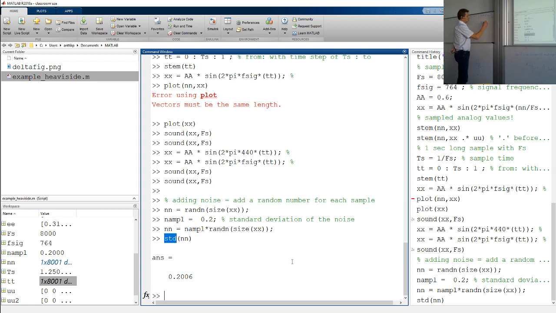This is directly proportional to the variance of the signal, which is the square of the standard deviation. Same thing, power of noise is directly proportional to the variance of the noise.